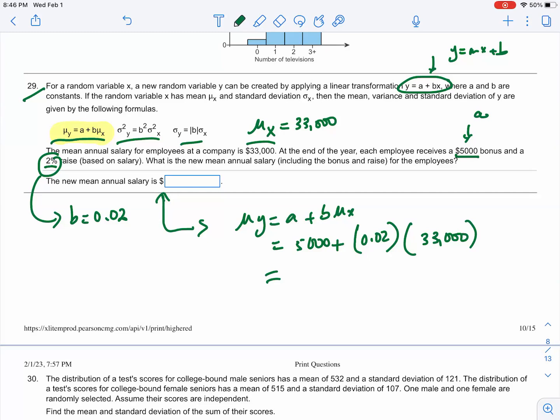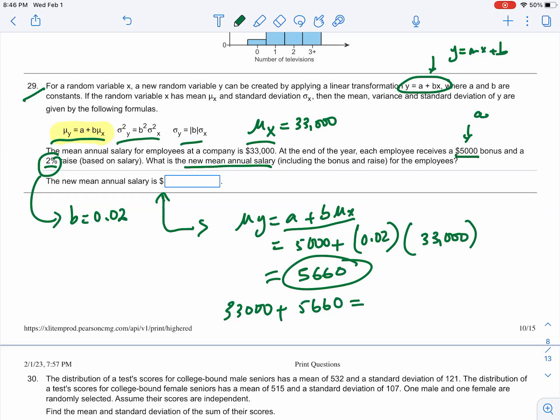So now, what's the new mean annual salary? When you apply this formula here, it gives you 5,660. But that's not all. For me to get the new mean annual salary, I need to take the old one, 33,000, and add it to whatever I get here.